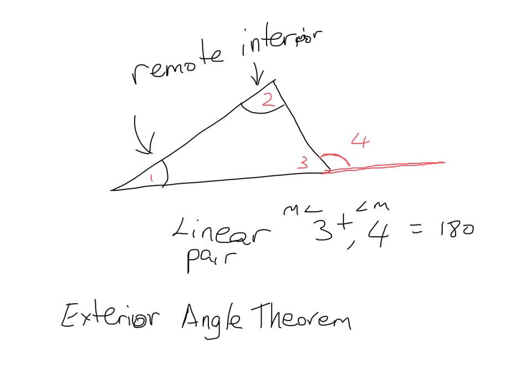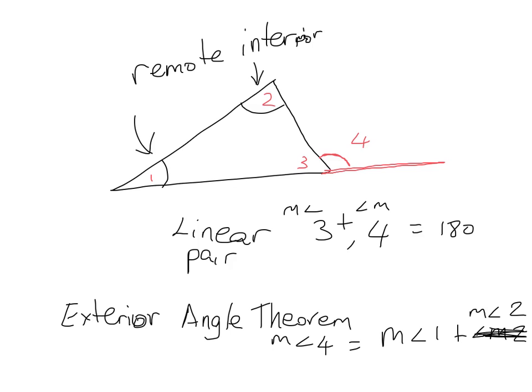And that states that the measure of angle 4 is going to be equal to the measure of angle 1 plus the measure of angle 2 put together. Oh, that's written backwards. Let's fix that. Measure of angle 2. So if I basically add our remote interior angles up, it's going to be equal to the same thing. The measure will be the same as the exterior angle.